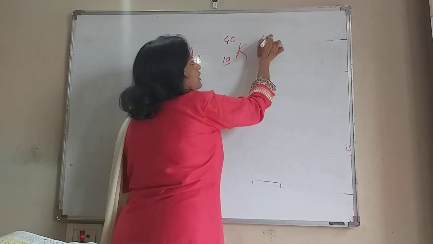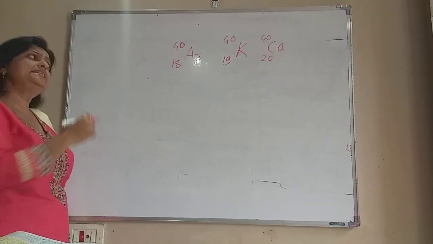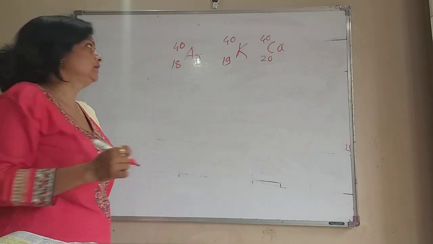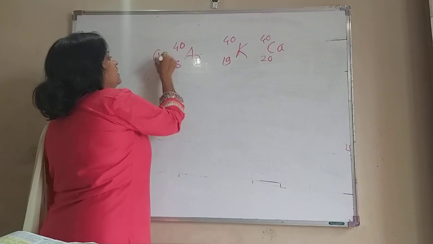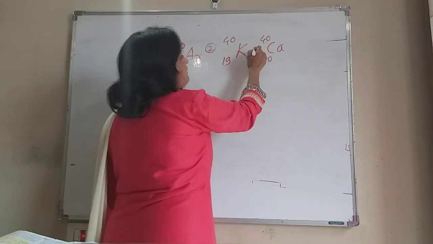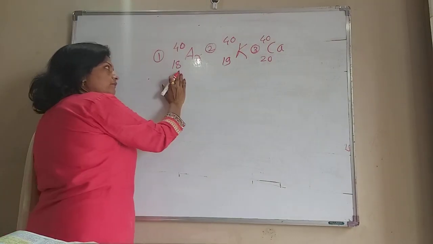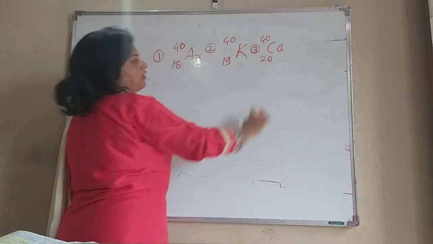Calcium also has the mass number 40 but atomic number 20. Now this example is not given in our textbook, but I know that example. Last year this example was given. Now these are 3 different types of atoms of 3 elements. One is argon, that is the inert gas, potassium and calcium.